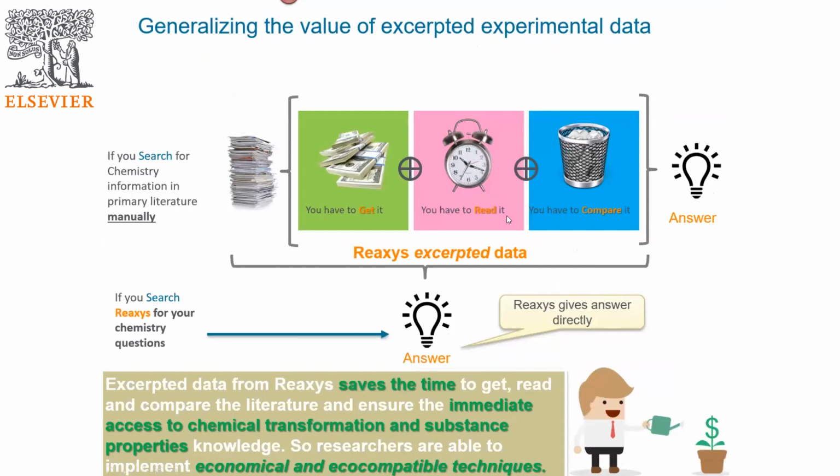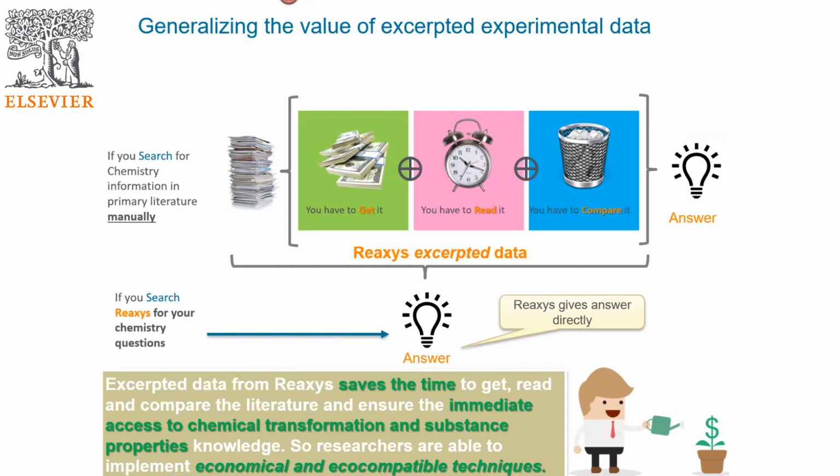And this is exactly what is explained on this slide, because using other solutions, what you get is a list of references, which you need somehow to obtain, you need to read, and you need to compare these results. Only after that can you get the answer. But with Reaxys, you can get the answer directly. So extracted data from Reaxys saves you time for getting, reading, and comparing the literature.